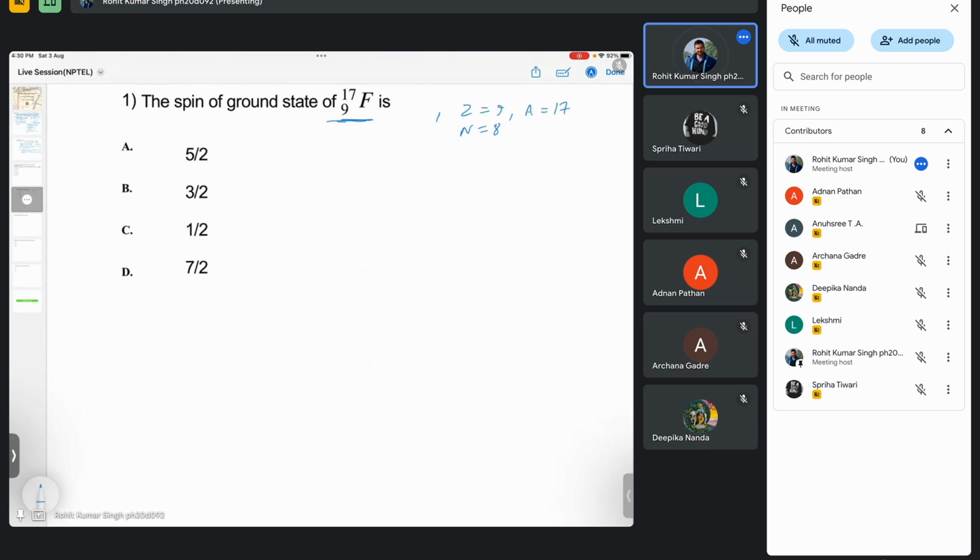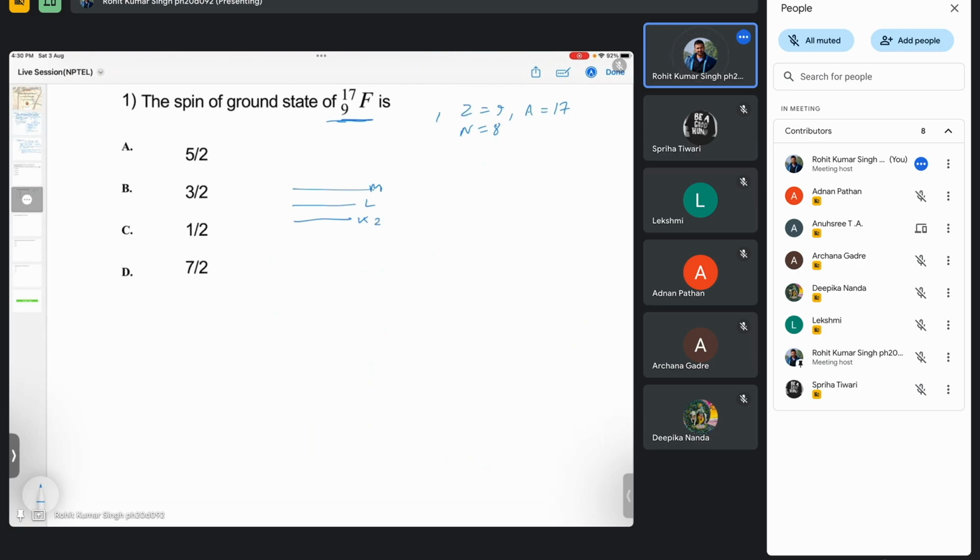So as I told you before, in the atomic model, what we have is different shells. You must have studied K, L, M, these shells, and these hold electrons.